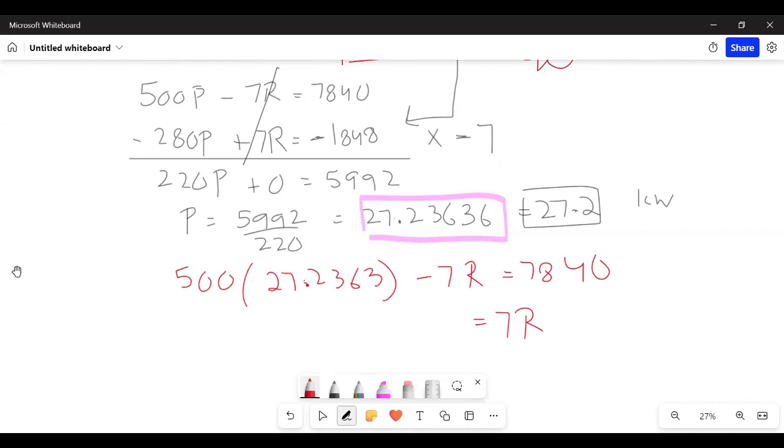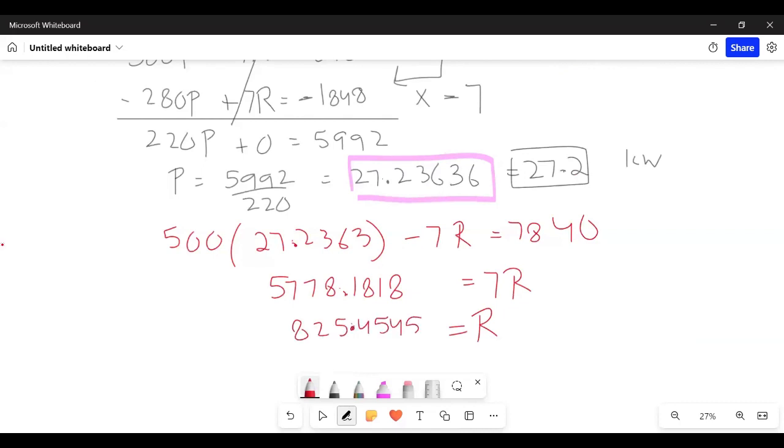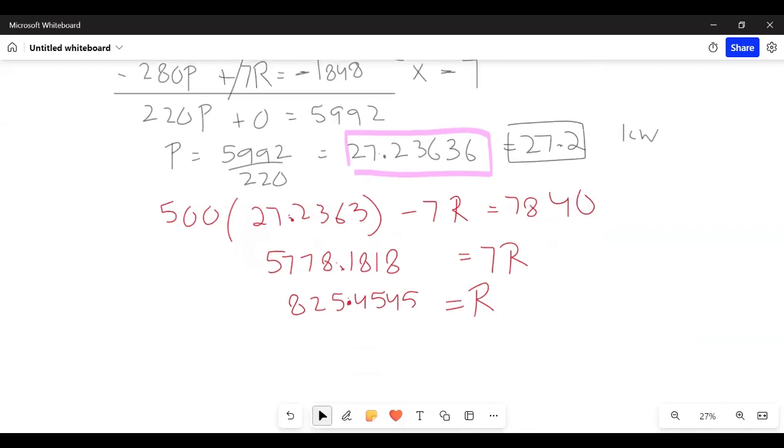And 500 into answer minus 7840 is 5778.1818. Now divide this by 7 and we get 825.4545, and rounded off to 3 significant figures, it's just 825 newtons.